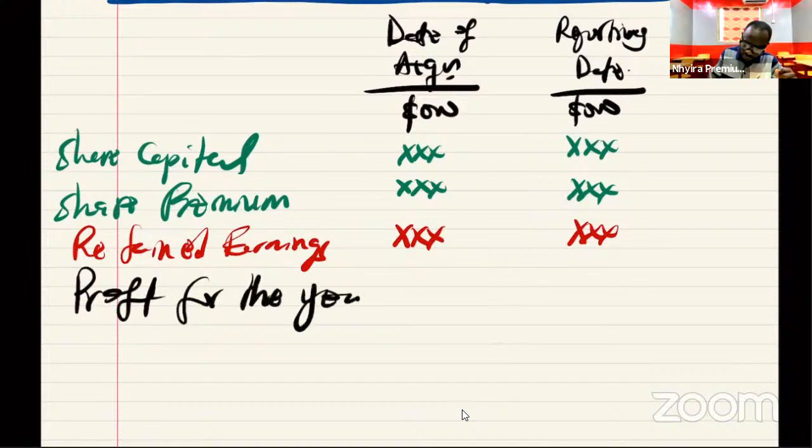Stay with me carefully here. Now, with the profit for the year, if it is a full year acquisition, then the profit for the year will go to the reporting date at the end of the year.